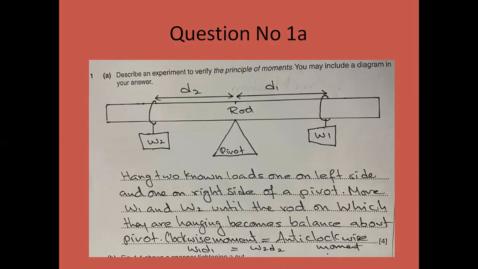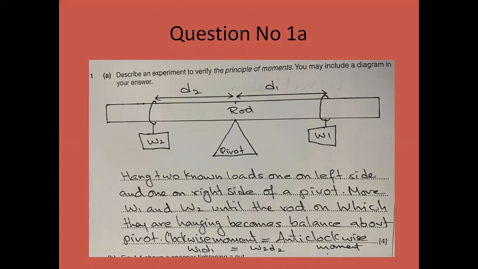So we move them until we get a point where the rod is balanced on the pivot. Once it's balanced on the pivot, we measure the distance of weight 1 from the pivot, and we measure the distance of weight 2 from the pivot. Weight 1, because we have hung it on the right side, produces a clockwise moment about the pivot.